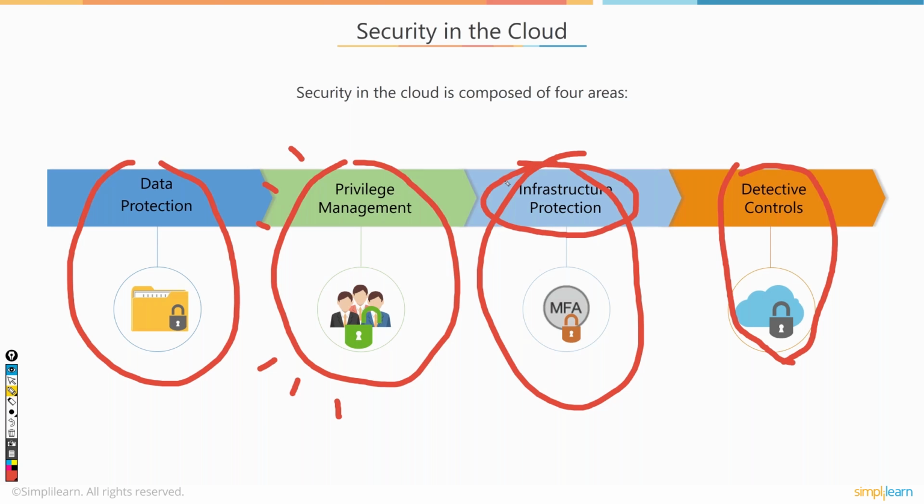Infrastructure protection. They give you the ability to protect all of this with devices like MFA, which is multi-factor authentication, which you can have on a mobile phone, or you can have a little fob or token, and you can enable this. It's not enabled by default, but you can enable it on every single user account, which means whenever they log into the console, they need to provide not only the username and the password, but also generate a new PIN, a new token or new code, every time. And this code is only valid for, let's say, 60 seconds, which means after 60 seconds they have to do it again if they didn't manage.